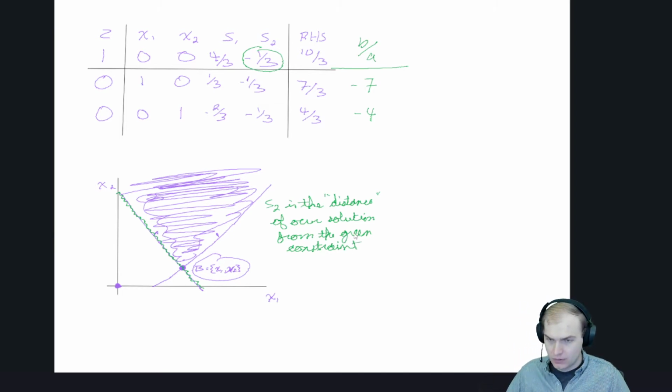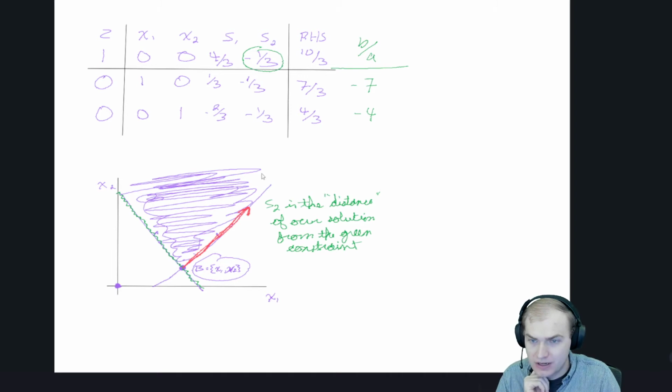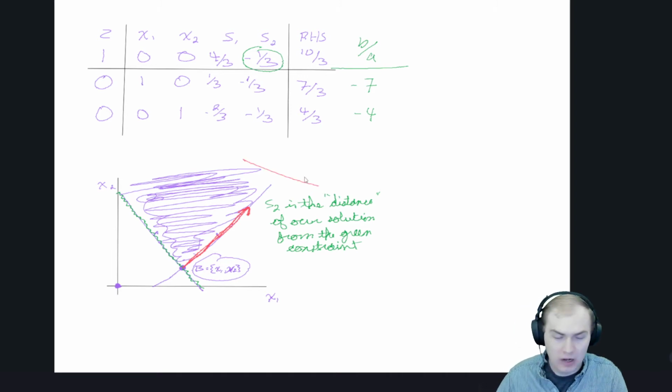So if we were to pivot and put S2 into the basis, that would mean that we are traveling in this direction along this constraint, away from the green constraint, because we're increasing our distance to S2. Now the problem is that there's no other constraint to stop us from increasing this indefinitely.